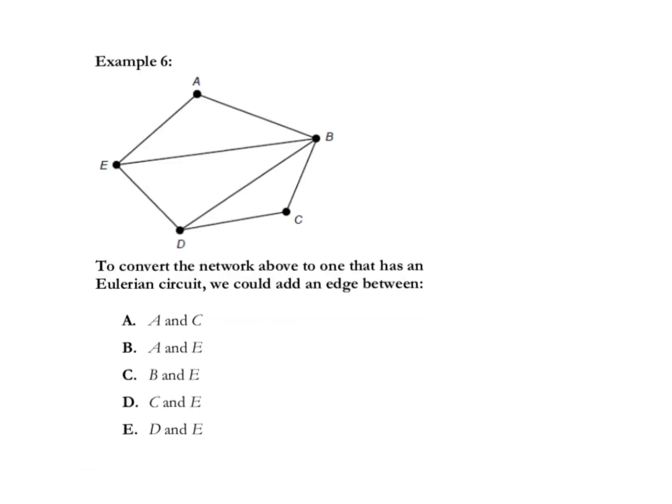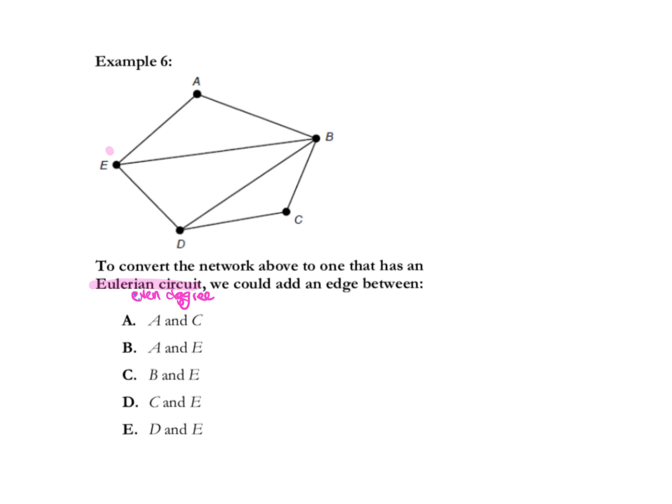Looking at this one: to convert the network above to one that has a Eulerian circuit, we would add an edge between. First find the degrees, remembering a Eulerian circuit needs even degrees.